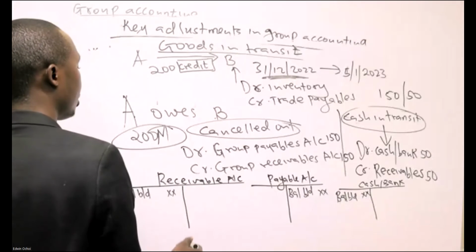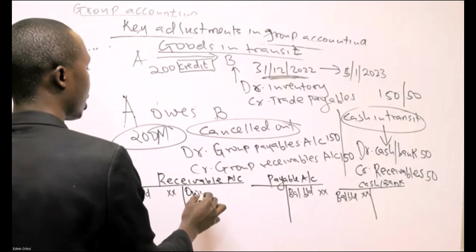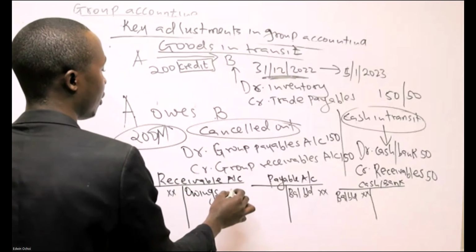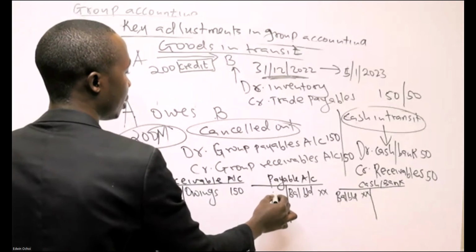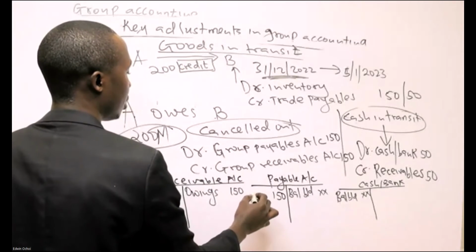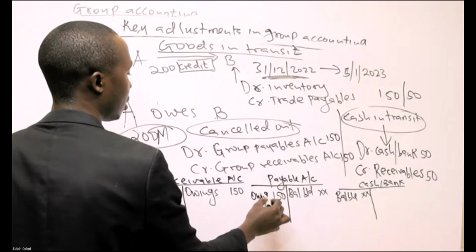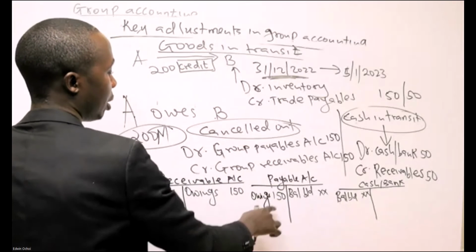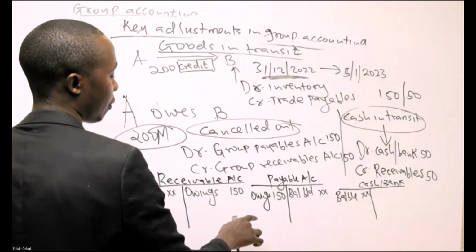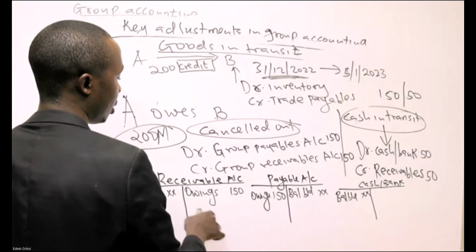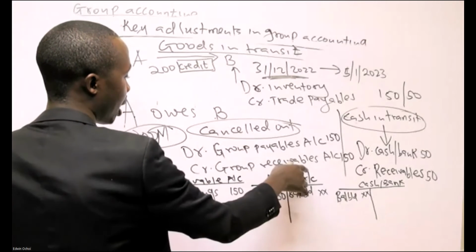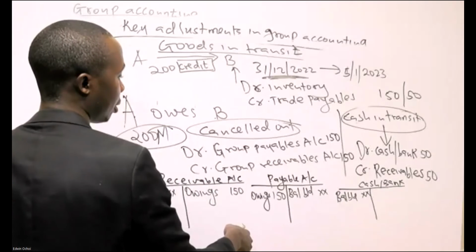So when recording now the owings, we credit here the 150. And here we debit the owings. So debit payable, credit receivable. I'm using that. You have minus D, you have minus D. So minusing receivable, you credit. Minusing payable, you do what?